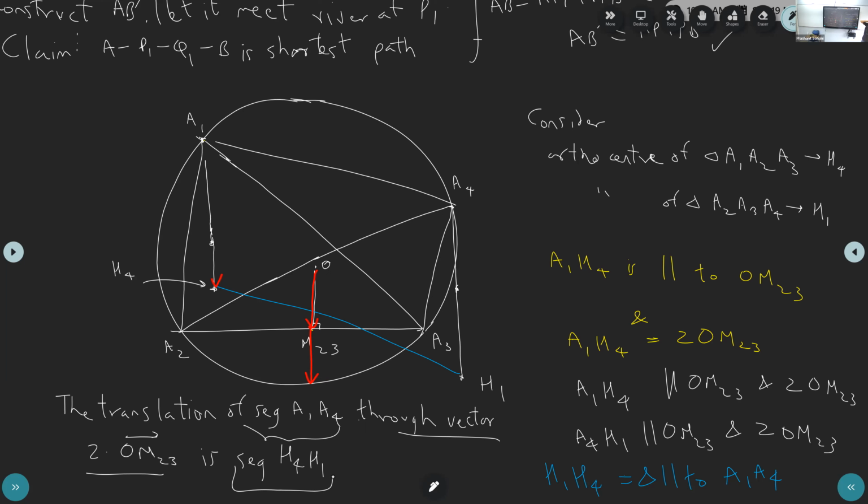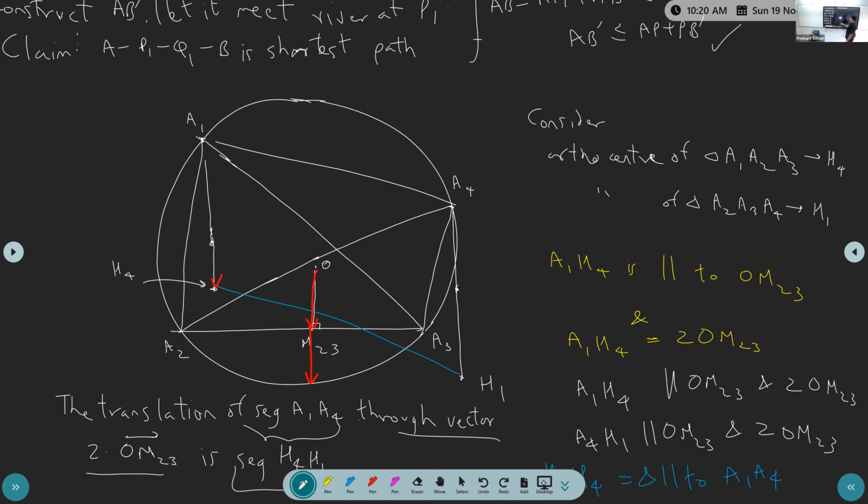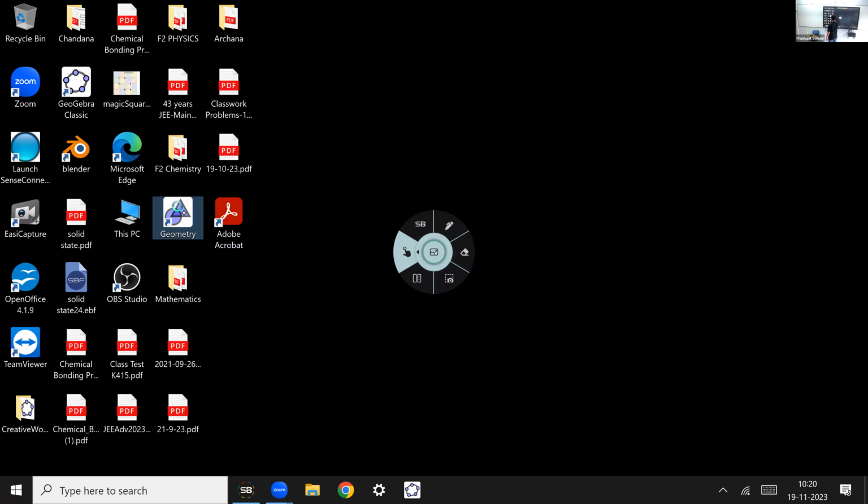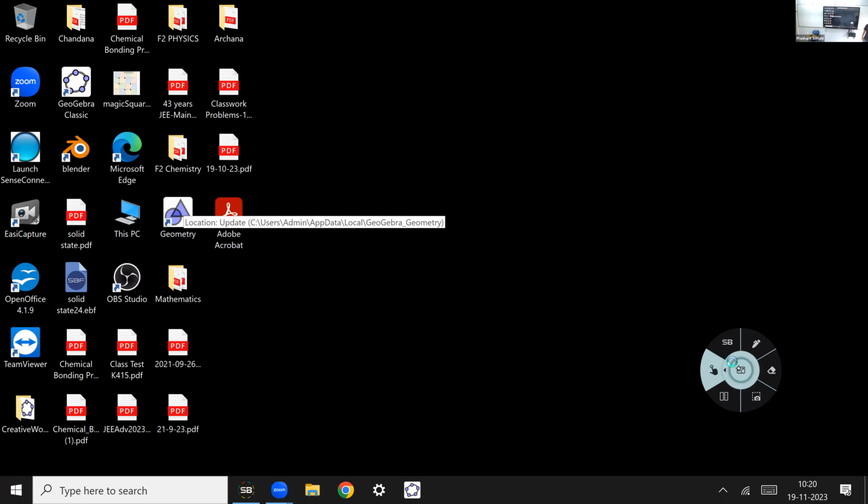And so what happens is that, let me actually show this in GeoGebra, one pair at a time, every pair of segments.